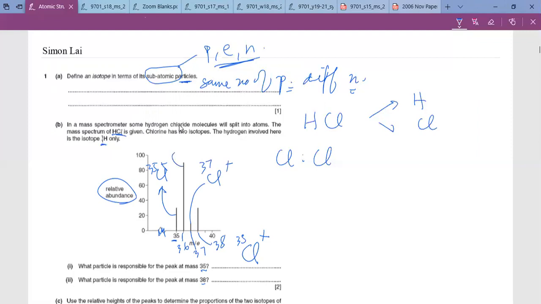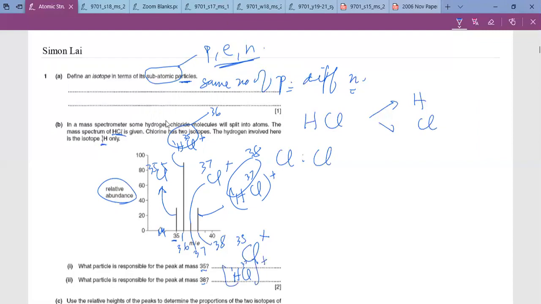This one must be your HCl, 35 and 1, to give you what? 36. That's positive. This one here must be HCl, 37 and 1, which gives 38. The whole thing is positive. So what particle is responsible for the peak at 38? HCl with 1 and 37, the whole thing positive.